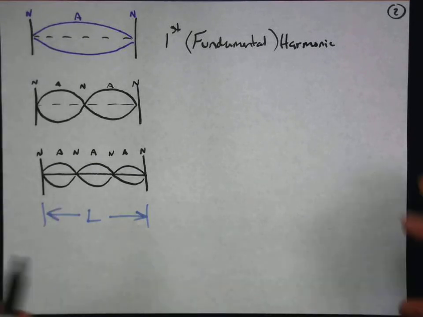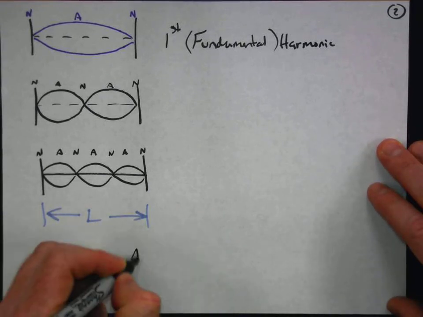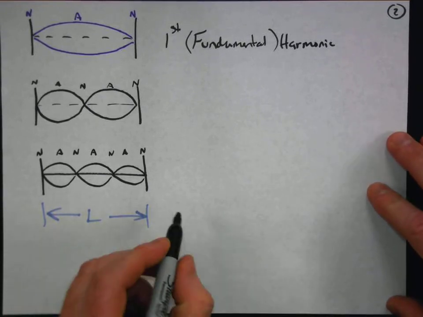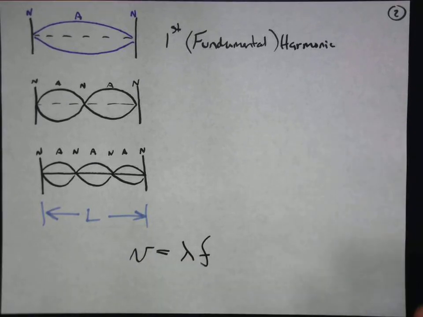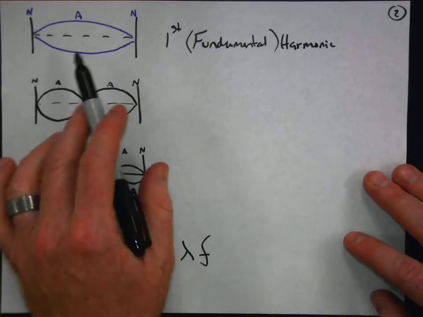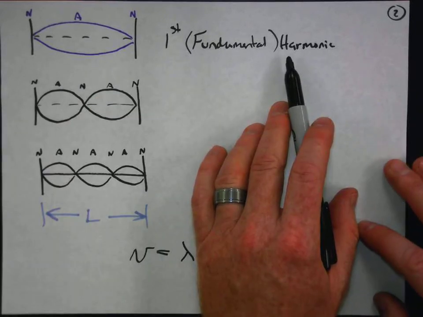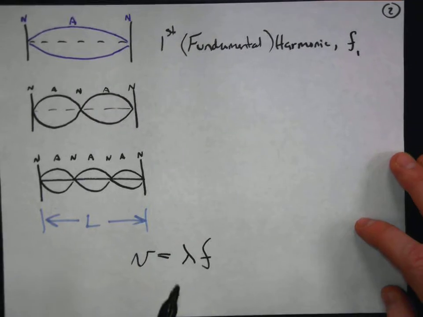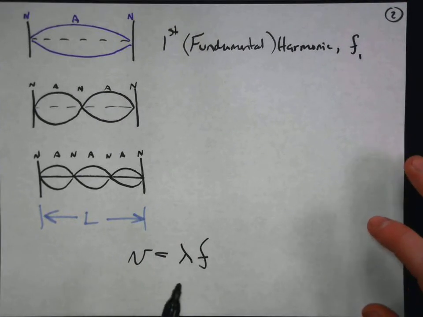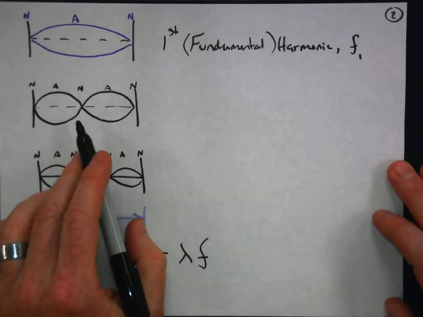And so we're going to come back to this very important relationship about the speed of a wave and the wavelength and the frequency that's taking place here. Well, here in this first fundamental harmonic, we typically symbolize that with just F1, frequency 1 for the first harmonic. Here, this is going to be the second.